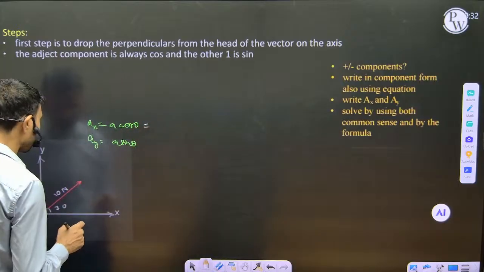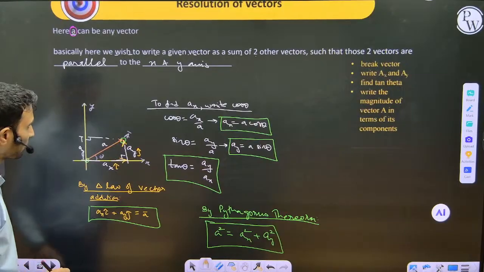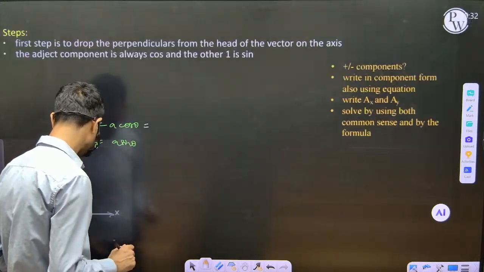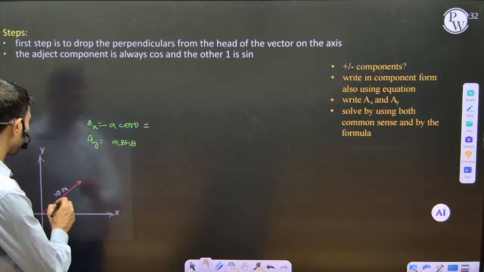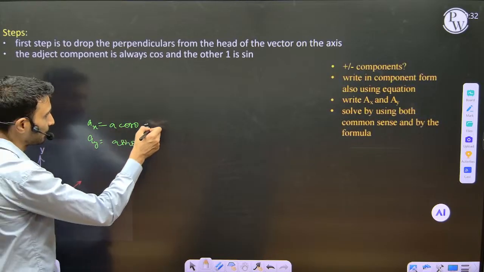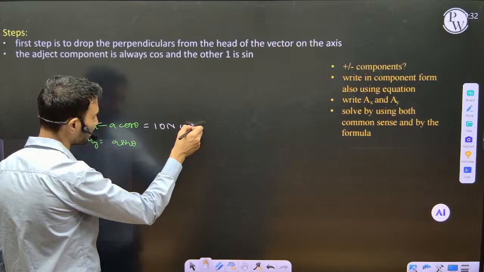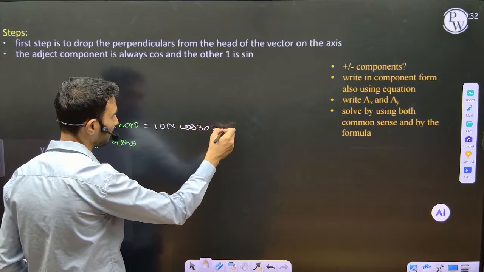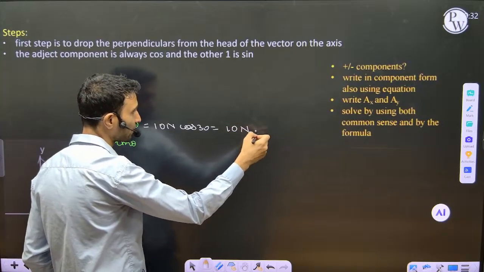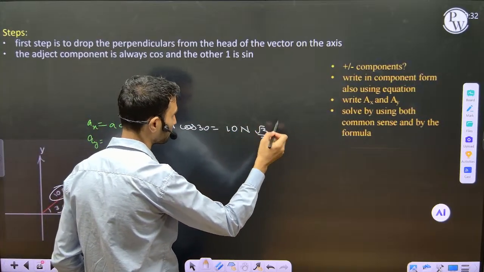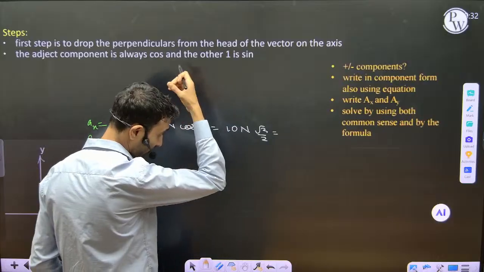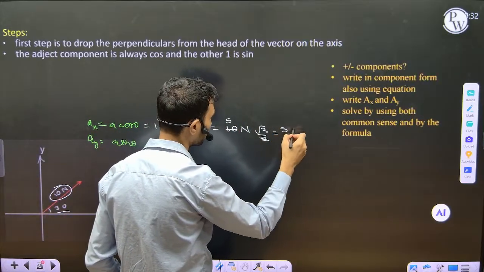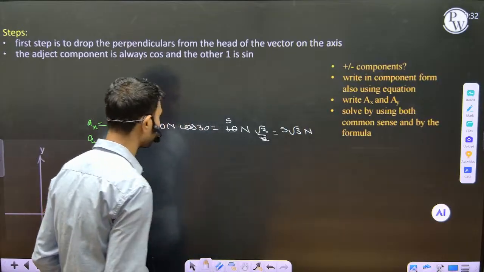So AX is A cos theta. If you remember, we made this formula here. AX is A cos theta and AY is A sin theta. A is how much? 10 Newton. Cos of 30, and cos 30 you know is root 3 by 2, which is equal to 5 root 3 Newton.